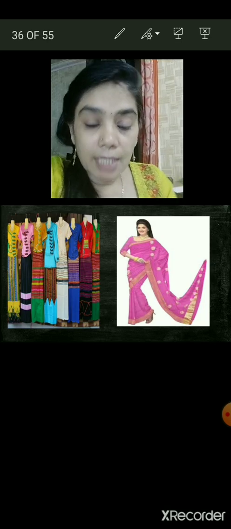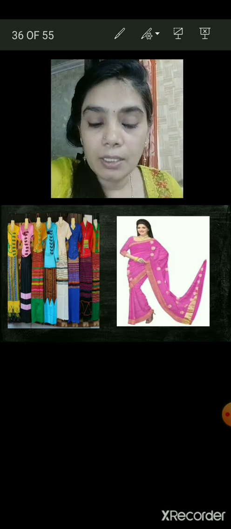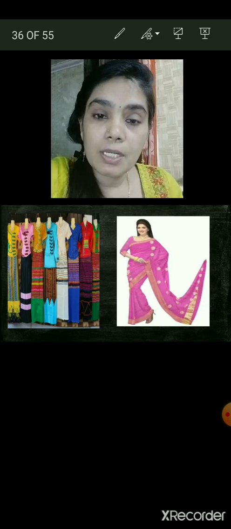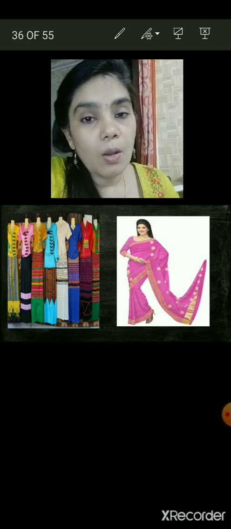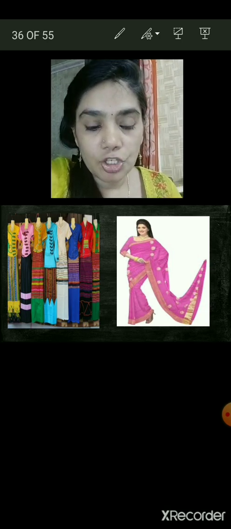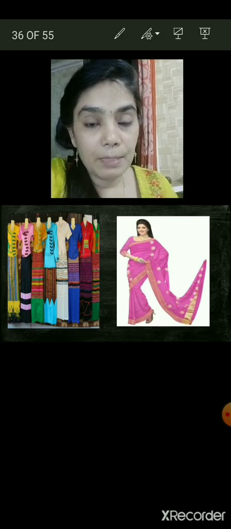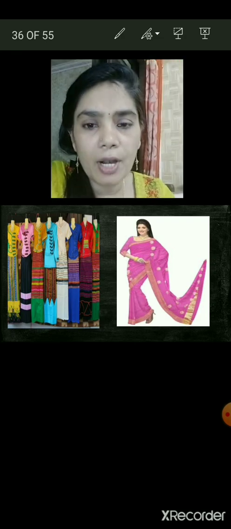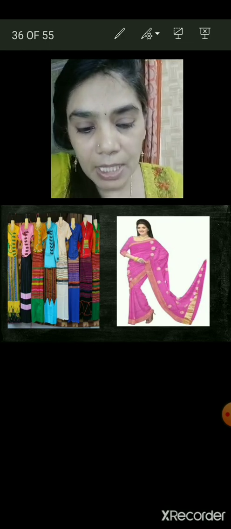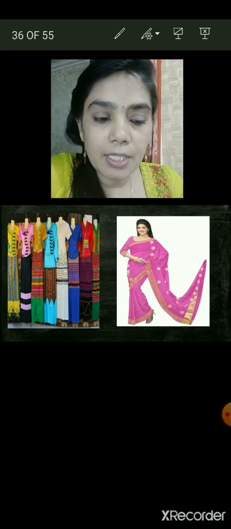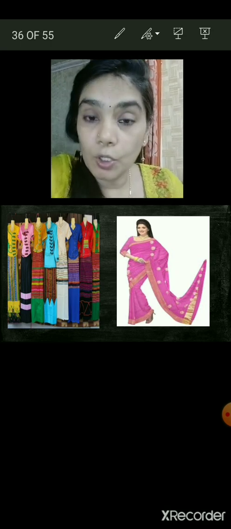And they started making designs in the clothes, and people started experimenting all over the world to invent fashionable clothes. People had enough knowledge of a variety of fabrics and colors, and a lot of designs were invented on clothes.